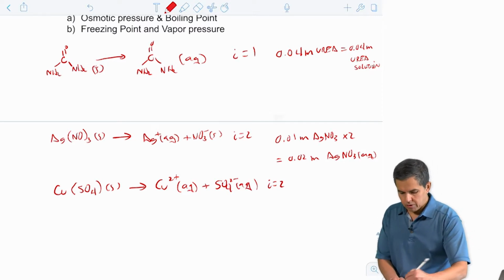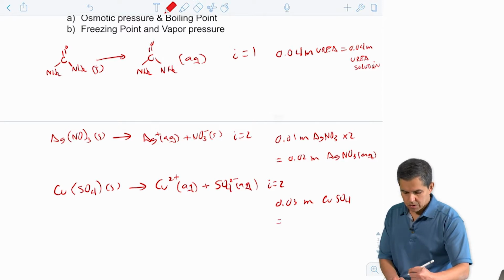So for the concentration given of 0.03 molar copper sulfate, in solution we are going to have 0.04 molar, correction here, this should not be 0.04, it should be 0.06 molar copper sulfate.